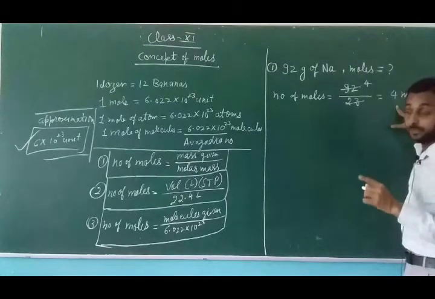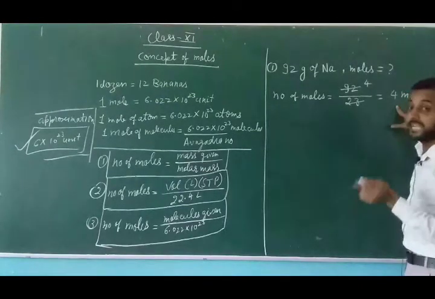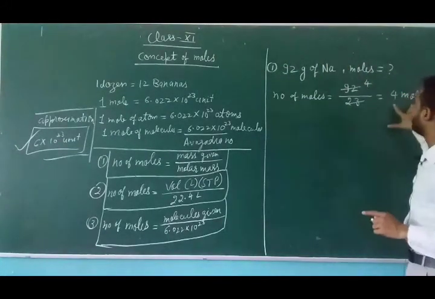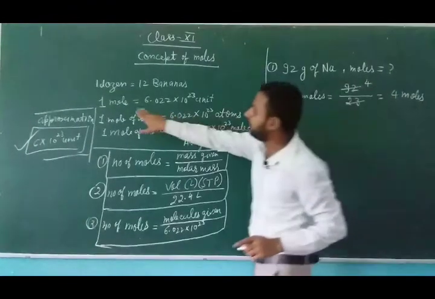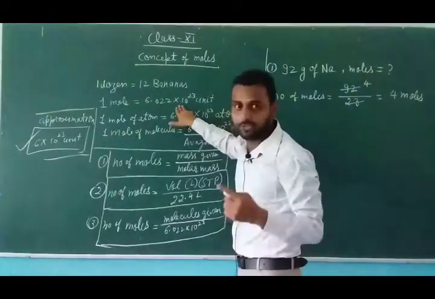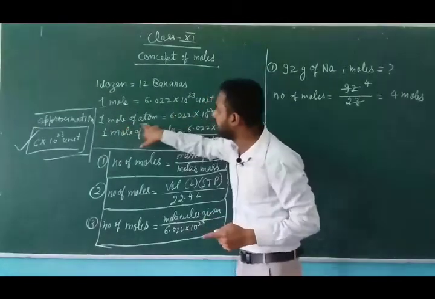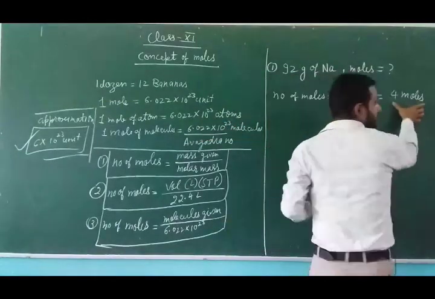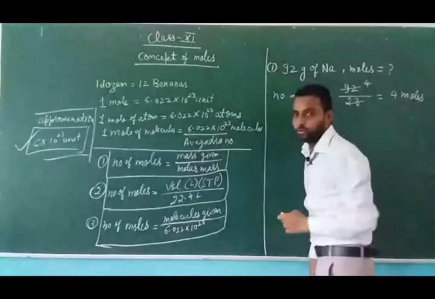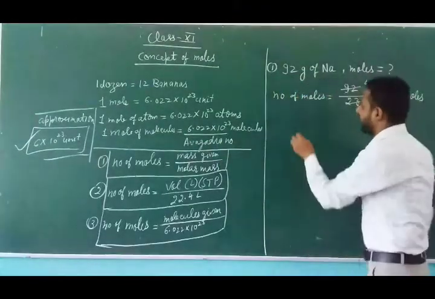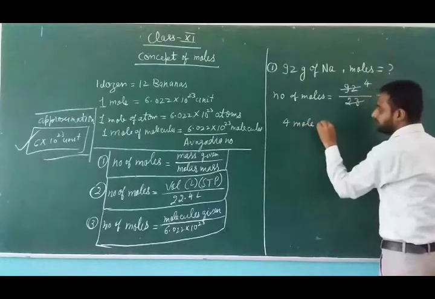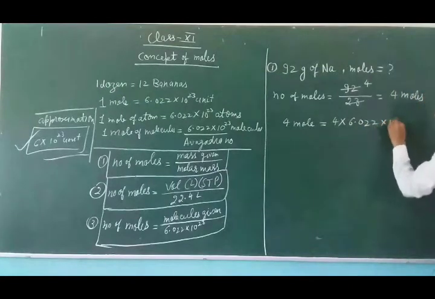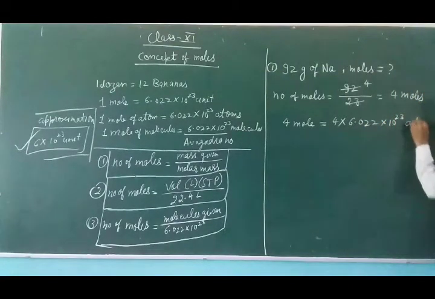And one more question is added in this question: find out the atoms in 92 gram of sodium. So we know that 1 mole is equal to 6.022 into 10 to the power 23 units, or 1 mole of atom is equal to 6.022 into 10 to the power 23 atoms. So if 1 mole contains 6.022 into 10 to the power 23 atoms, similarly 4 mole contain 4 into 6.022 into 10 to the power 23 atoms.